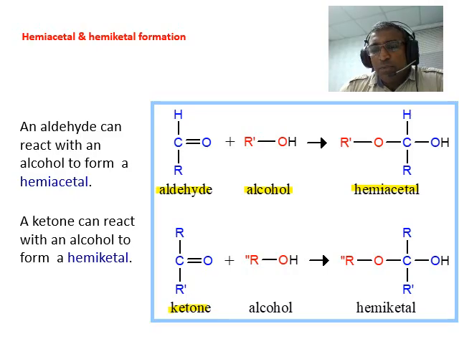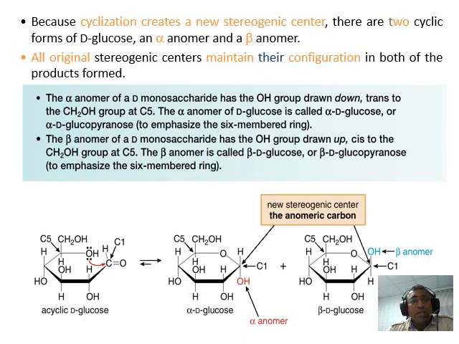In terms of the hemiacetal as well as hemiketal, they will form a stereogenic center whereby the carbon is linked to 4 different groups. Although this is oxygen, it's actually considering both together as one different group. So here we look into the cyclization.